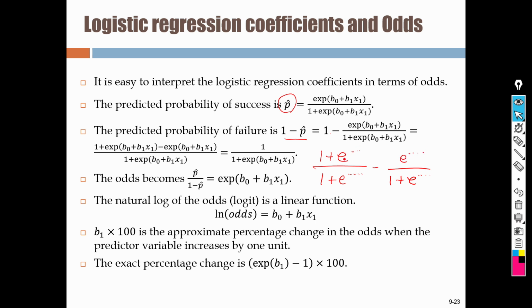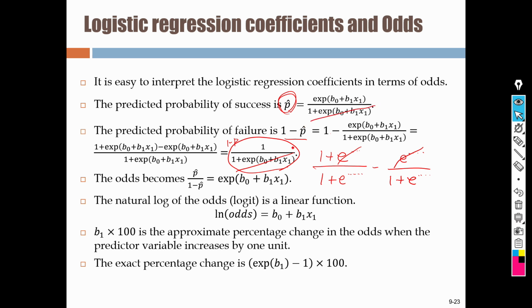So this and this will be cancelled out, so it will be simply this one. If you divide p by 1 minus p, then this one will be cancelled out.